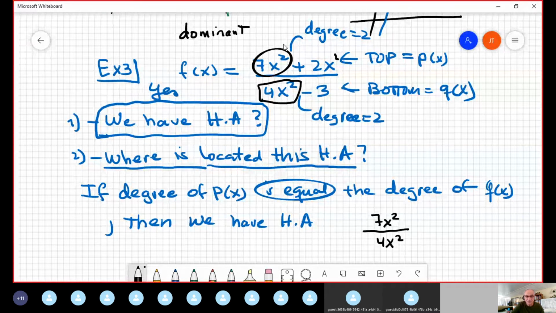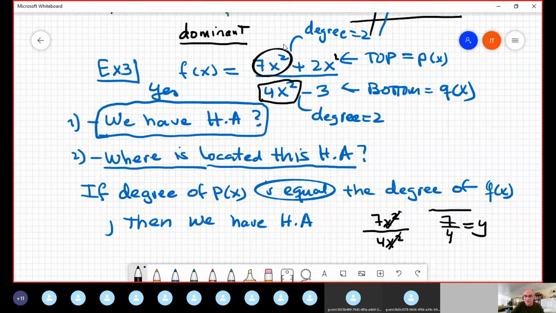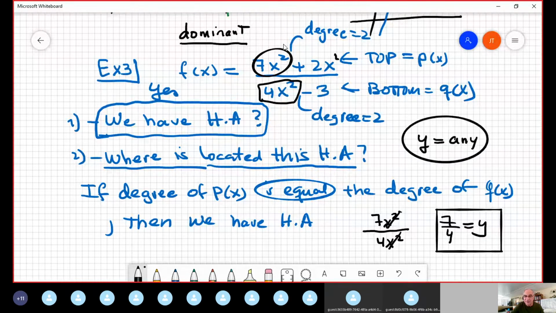You always take the term that contains the higher exponent, and this is the dominant. Then you see, wow, x squared cancels and only 7/4 stays alive. The horizontal asymptote is a horizontal line, and the equation of any horizontal line is y equals some number. In this case it is 7/4.